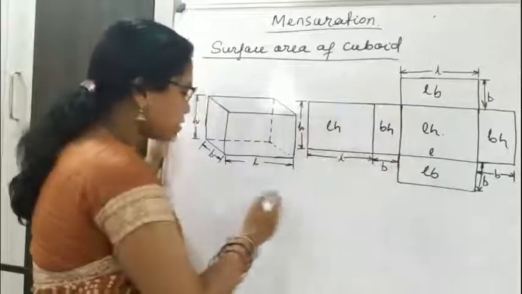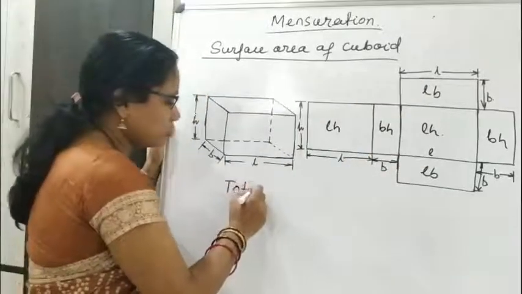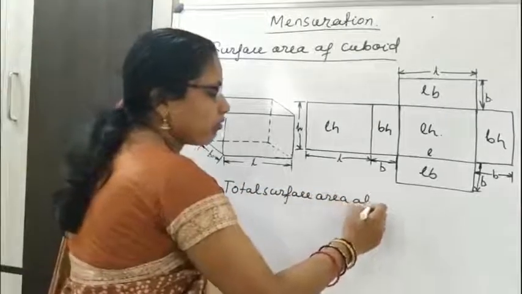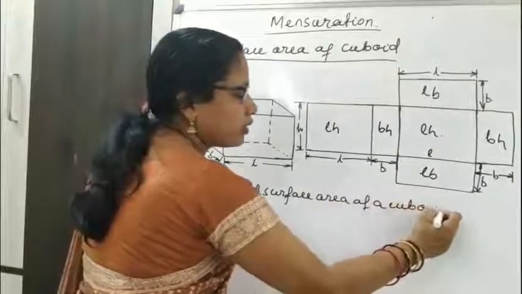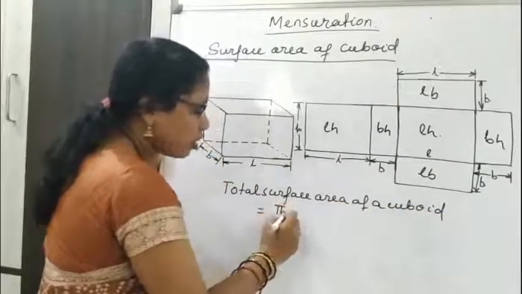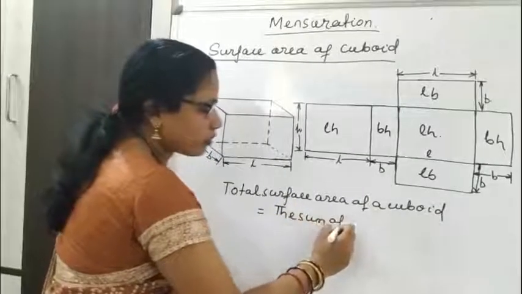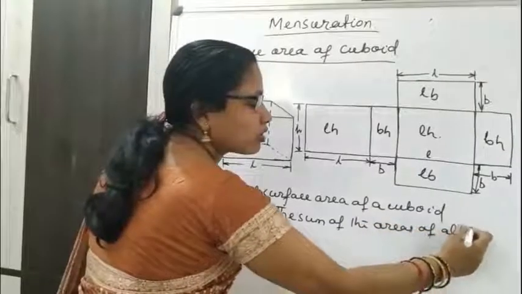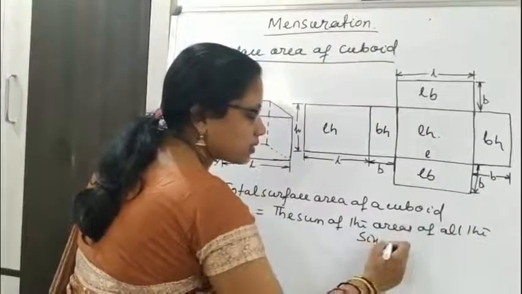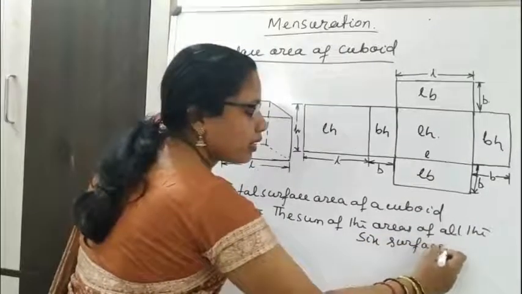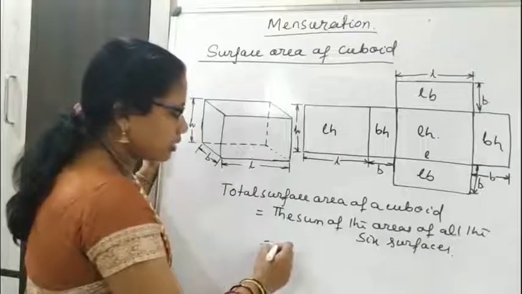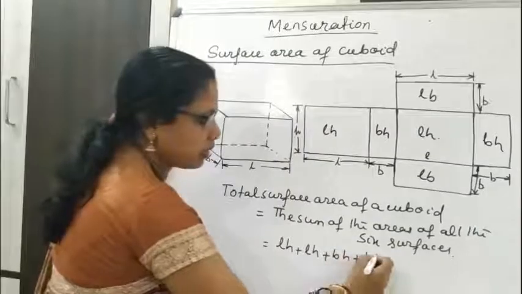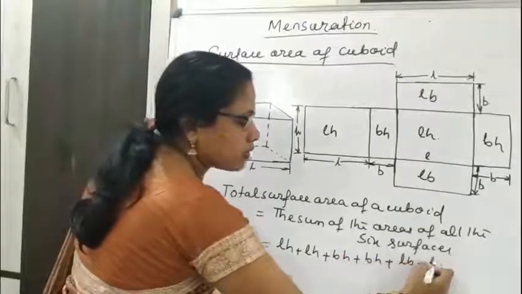So the total surface area of a cuboid is equal to the sum of the areas of all the 6 surfaces. As a cuboid has 6 surfaces, that is LH plus LH plus BH plus BH plus LB plus LB.